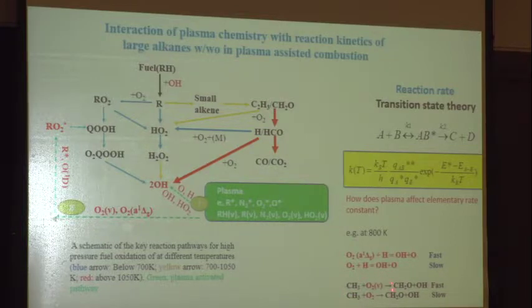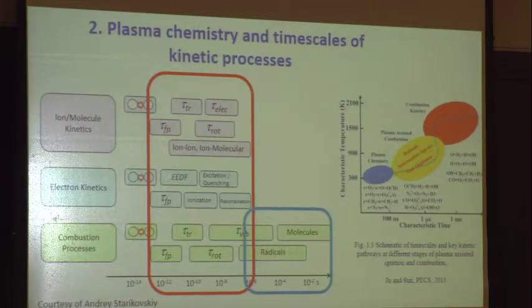But if I can generate vibrationally excited oxygen, this reaction would be faster, so that I can accelerate methane oxidation at low temperature by creating a non-equilibrium excitation of O2. But how do I do that? Excitation of oxygen vibration needs a very small electron energy. How do I do that? That is what you look at in the reaction.